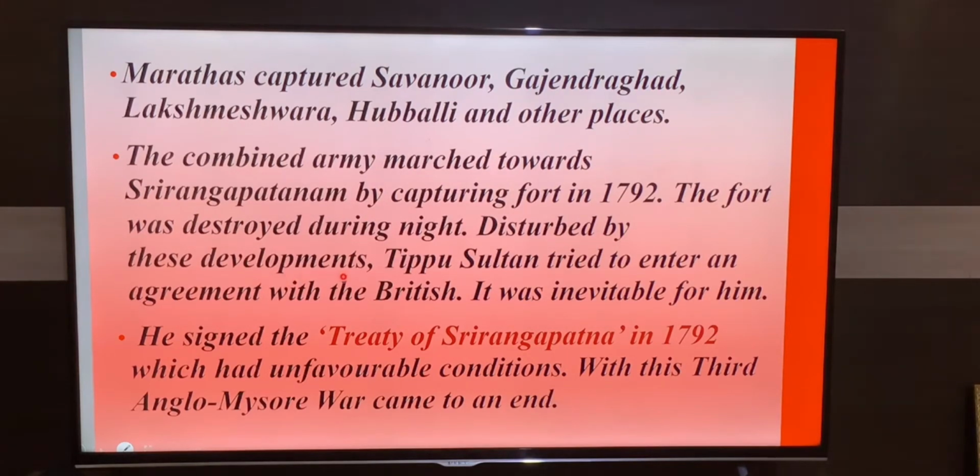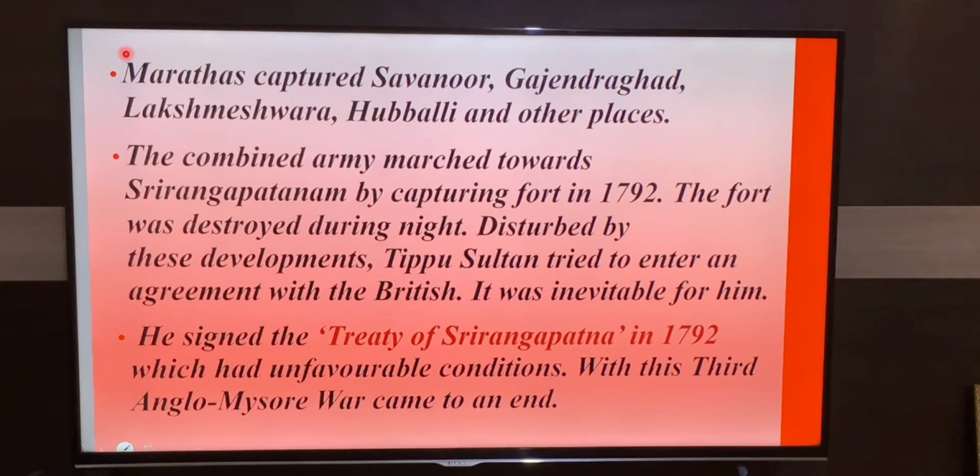Disturbed by these developments, Tipu Sultan tried to enter an agreement with the British. It was inevitable for him. He signed the Treaty of Srirangapatnam in 1792, which had unfavorable conditions. With this Third Anglo-Mysore War came to an end.